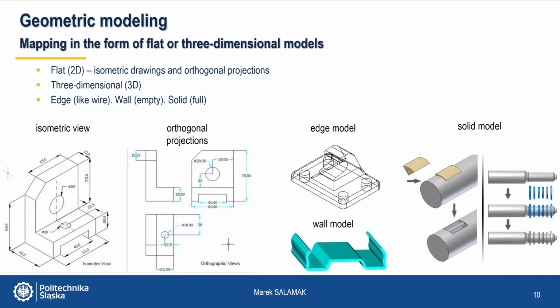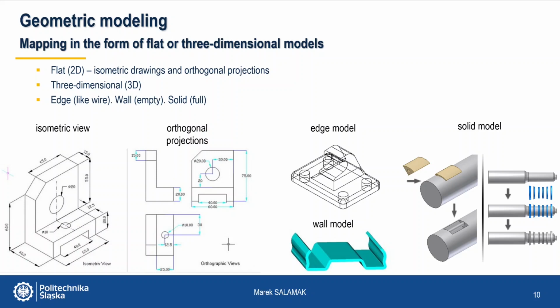We'll now focus on mapping, representing spatial objects in the form of flat or three-dimensional models. In the case of planes, projections, these will be isometric drawings and orthogonal projections.